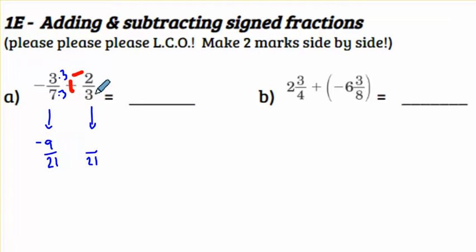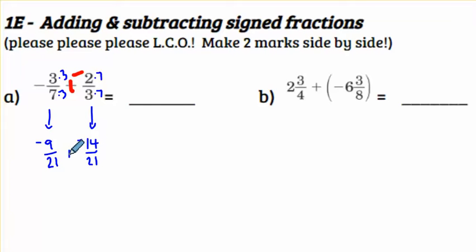Okay, for the second fraction, I look and I see, well, how did I get from 3 to 21? Well, 3 times 7 is 21, so I'll do the same thing on the top. And now I have a negative 2 times a positive 7. Signs are different, so I know my answer is going to be negative, and 2 times 7 is 14.